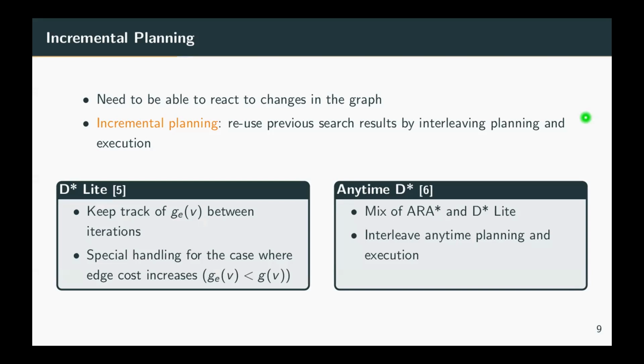So the first one is known as D-star Lite, and it also keeps track of these G values from when they were expanded between iterations. And then it just has some new additional special mode that happens when an edge cost increases. And you can see an edge being removed also as an edge cost increase, because then the edge cost is basically infinite.